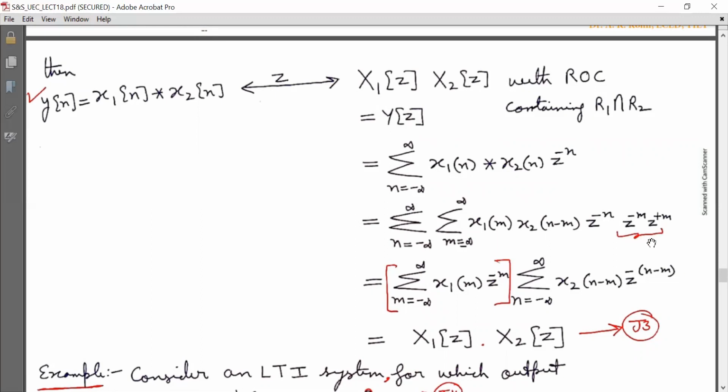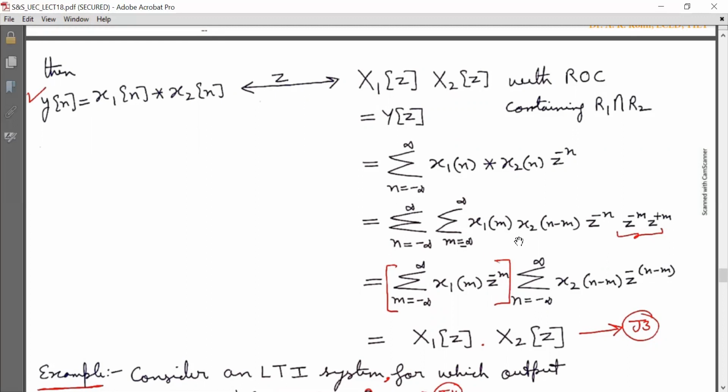So here I have played a mathematical trick. Now this summation over m from minus infinity to infinity of x1(m) x2(n minus m) is the convolution sum formula, or superposition sum formula. Here z raised to power minus n is there, and now I have multiplied it by z raised to power minus m and by z raised to power plus m.